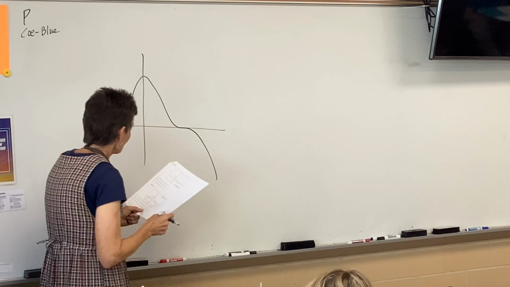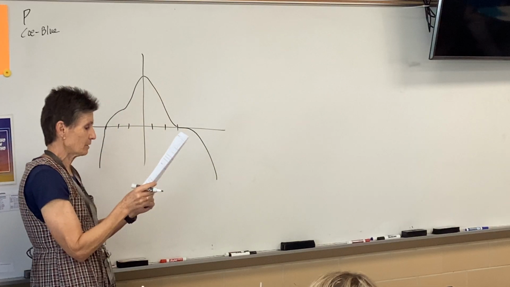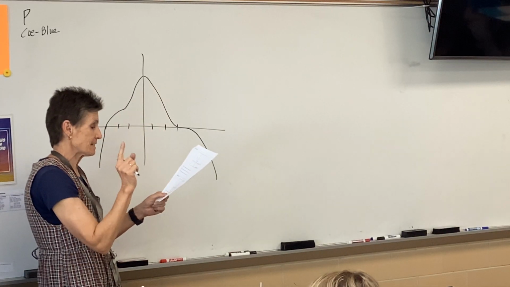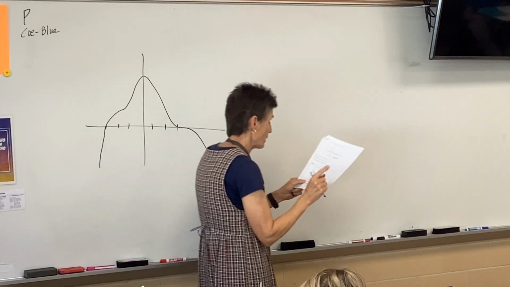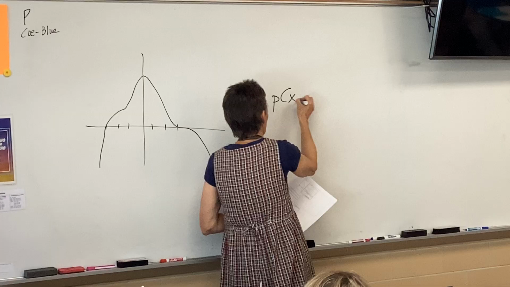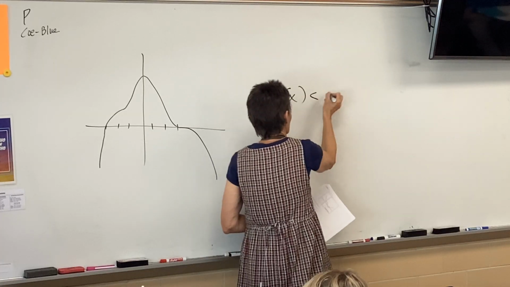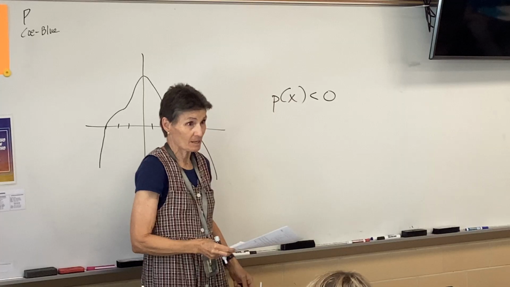Okay. Now what I really need everybody to pay close attention to is in statement 1, notice it says we are concave down when P of x is less than 0. That does not mean x less than 0.